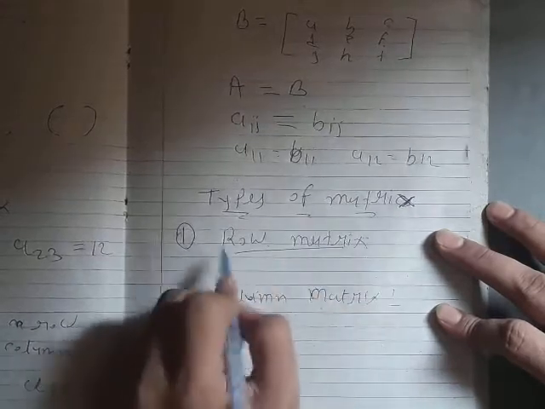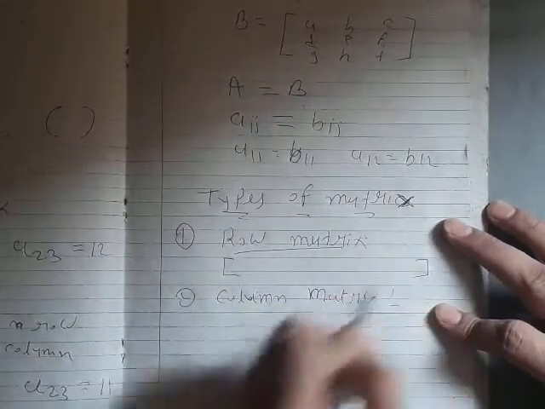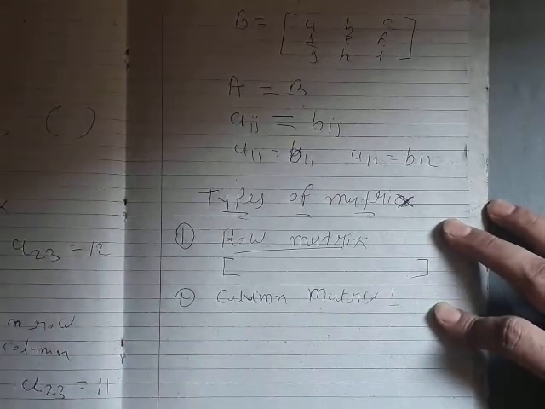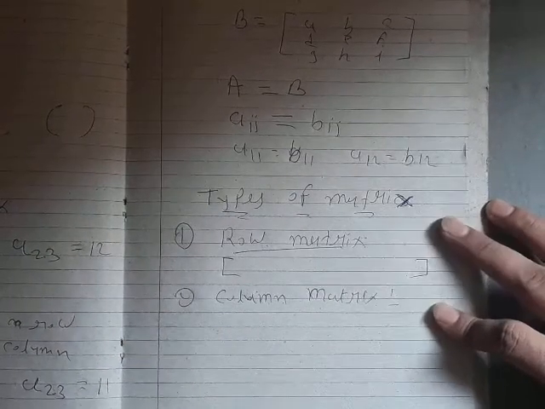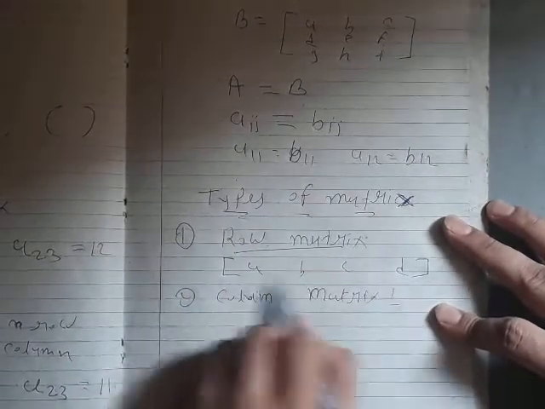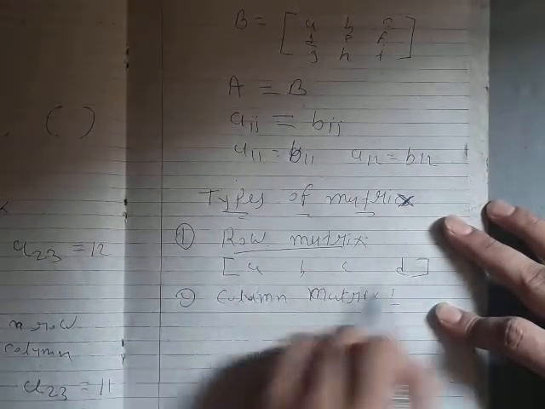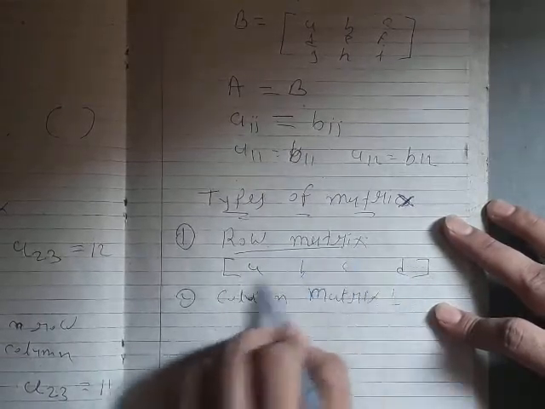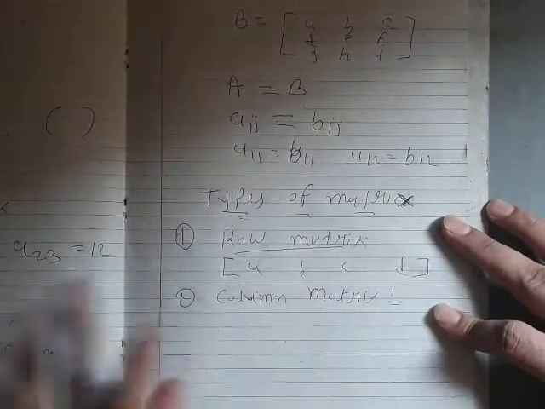Now what is a row matrix? A row matrix is nothing but a matrix which has only one row. The number of columns may be anything, but rows must be one. For example, a matrix like A, B, C, D. It has one row and 4 columns, but the number of rows is 1, so it is called a row matrix.